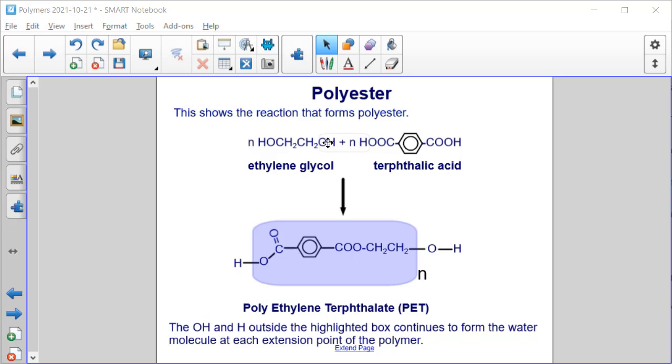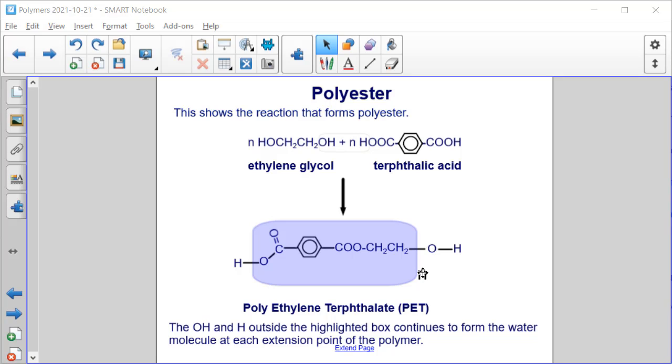So if we remove these through that condensation reaction, we remove the water, we'll form a bond then between this terminal carbon here and the carbon, the COO, C double bond O carbon, okay? So that's what we see right here. This bond right here is the bond that is combining the ethylene glycol and the terephthalic acid.